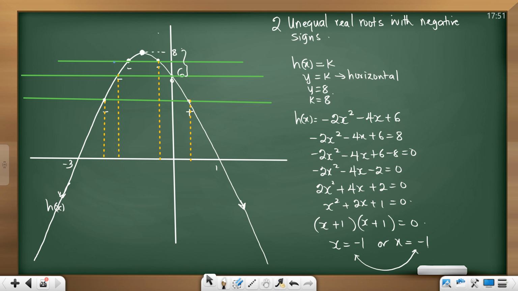Both are negative, and it stops right there. Once I go beyond that, I get positive, positive, or negative and positive. So for me to get two negatives, it's between 6 and 8.